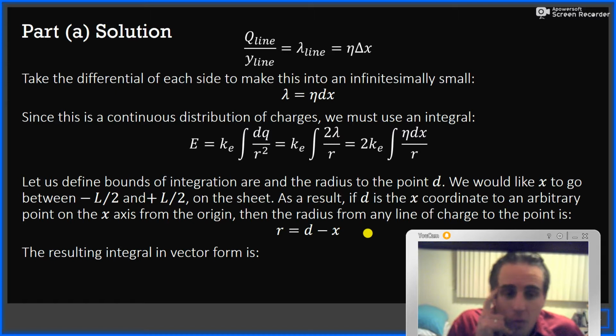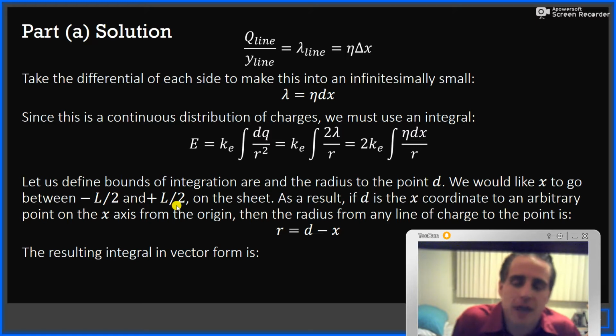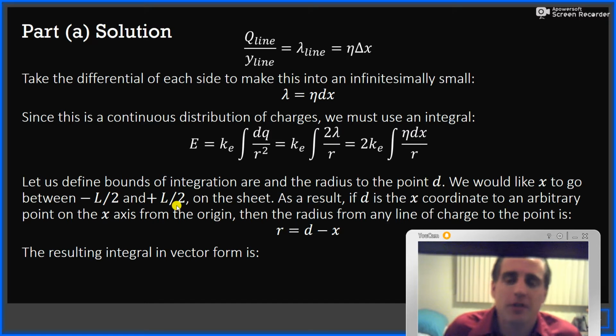Okay, so we would really like x to go between negative L over 2 and positive L over 2, because that's the most natural bounds we could think about, because those are symmetric bounds, and the sheet is centered on the origin, and we would like to be able to integrate in terms of x. x is very natural in terms of calculus to integrate in terms of, and that's on the x-axis.